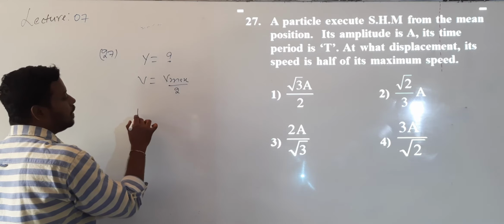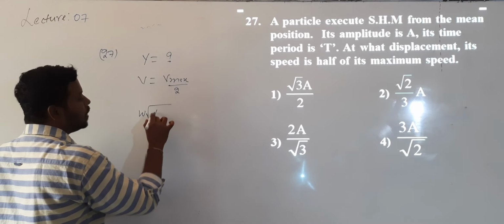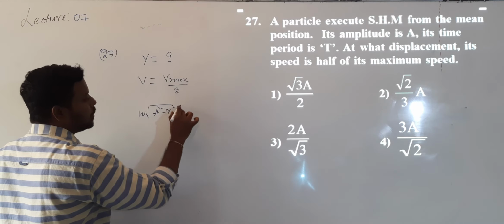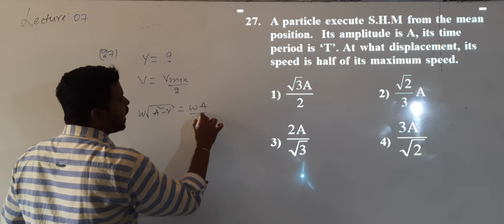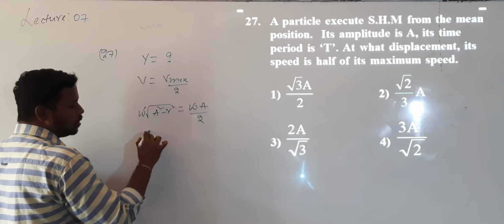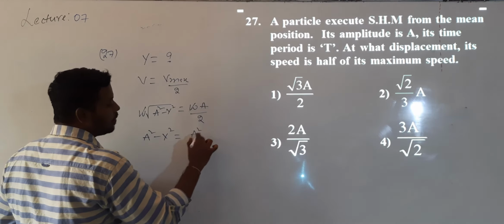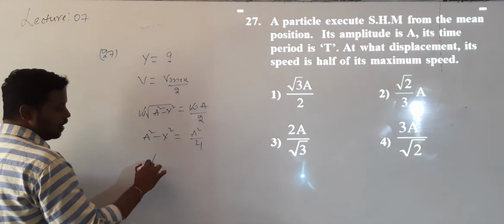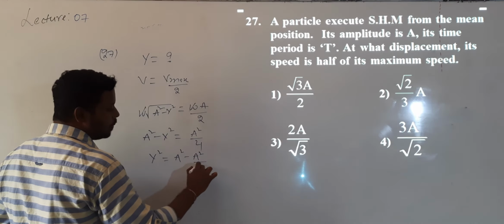What is the formula for v? Omega into root over a square minus y square. Whereas the v max formula is omega into A, so v max by 2 is omega into A by 2. Omega cancels. Squaring on both sides, a square minus y square is equal to a square by 4. Y square is equal to a square minus a square by 4.